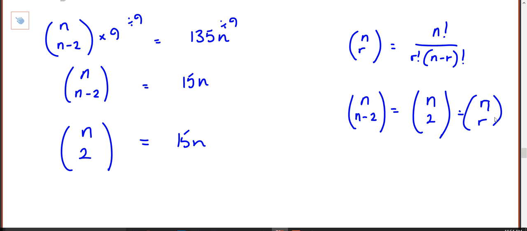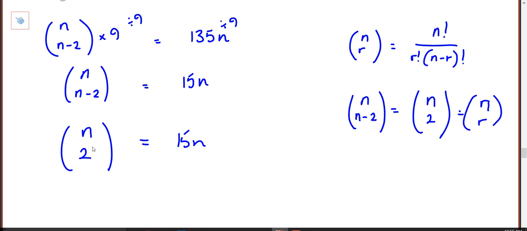So for instance, you could do that and put it into here, no problem. But actually it's going to be easier, instead of n minus 2, to just write 2. It's that piece of knowledge that they are looking for you to use, the fact that one thing is equal to another thing. It's used all through your maths. If one thing is equal to another thing and you want to replace it, that's fine.